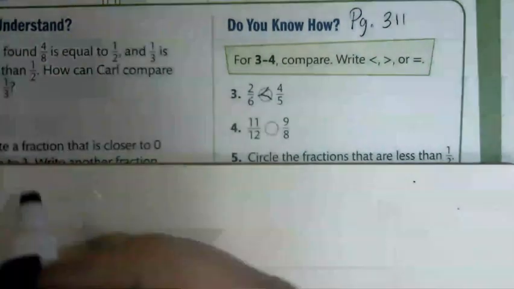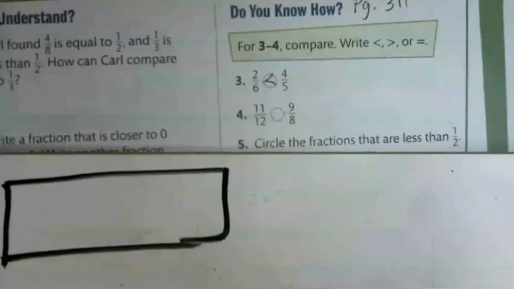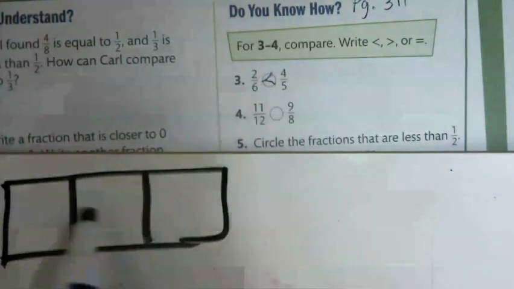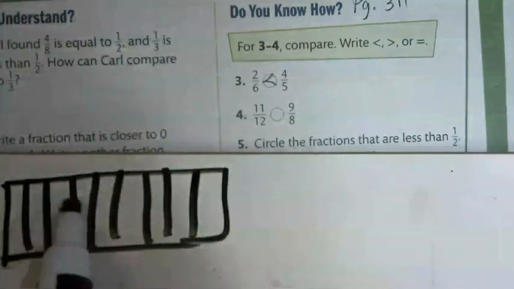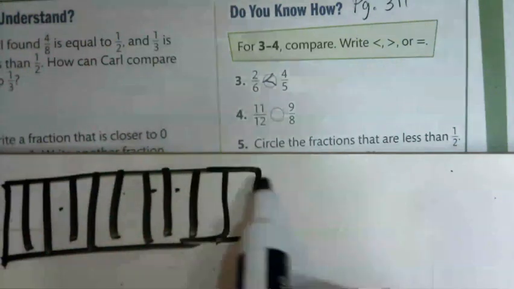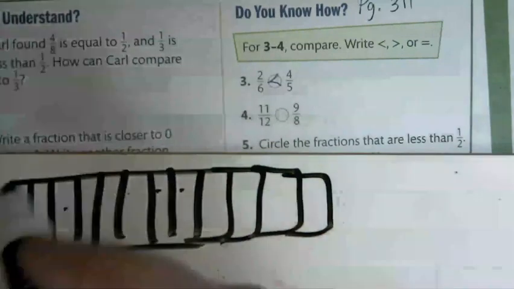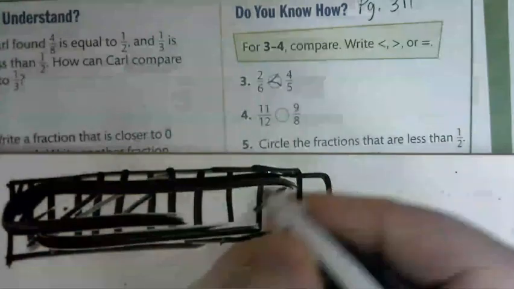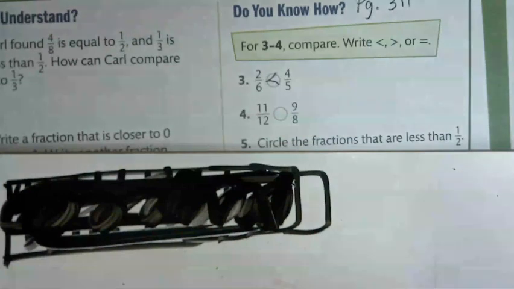Because if I were to draw a quick picture, here's my box, and I'm going to do 12ths. 1, 2, 3, 4, 5, 6, 7, 8, 9, 10, 11, 12. Sorry, not the greatest drawing in the world, but you get the idea, right? So if I've got all of these, I'm almost completely colored in, right? There's just one space that's left.